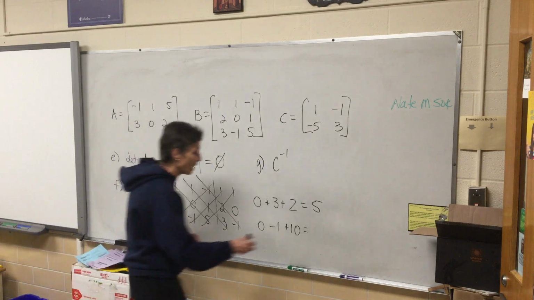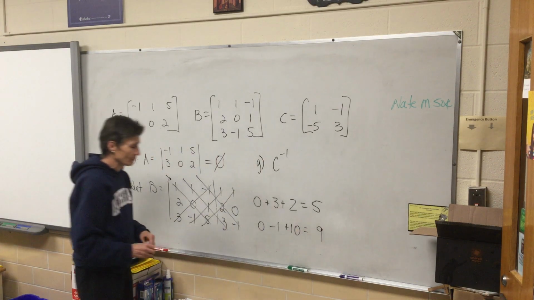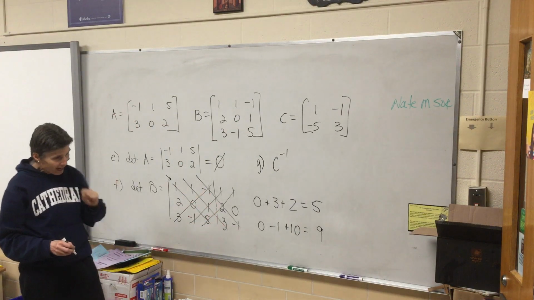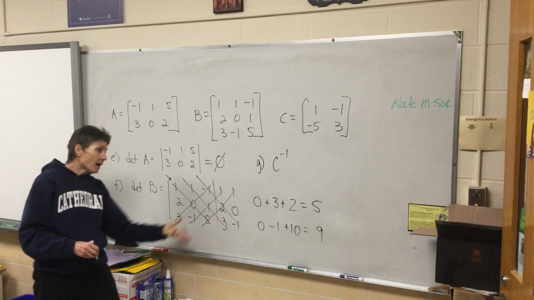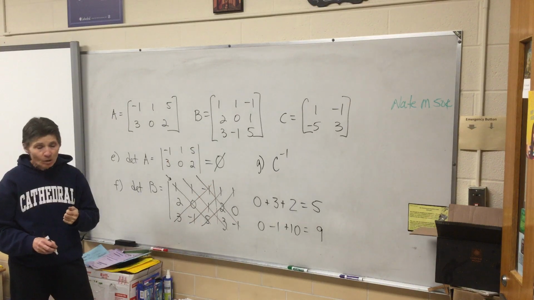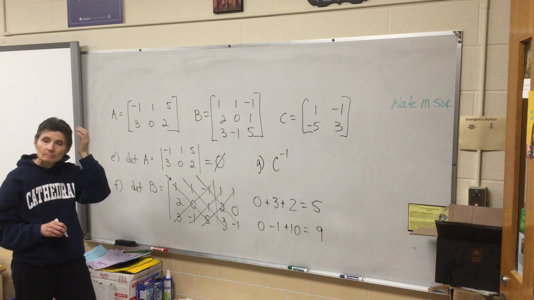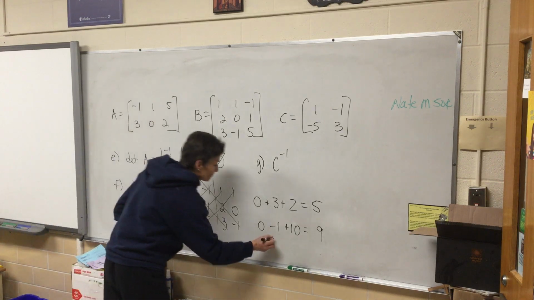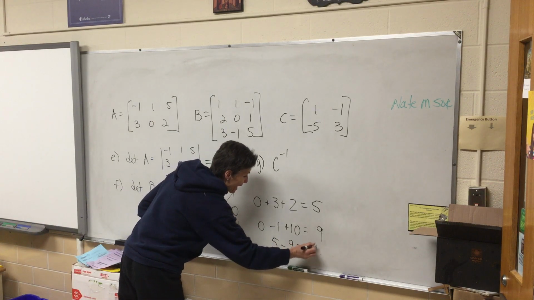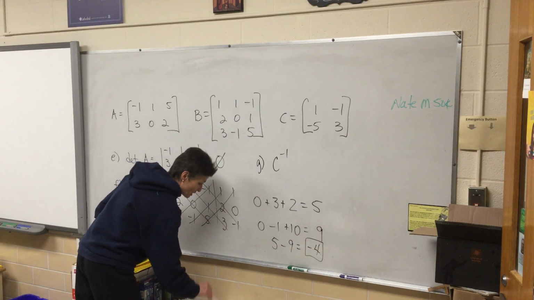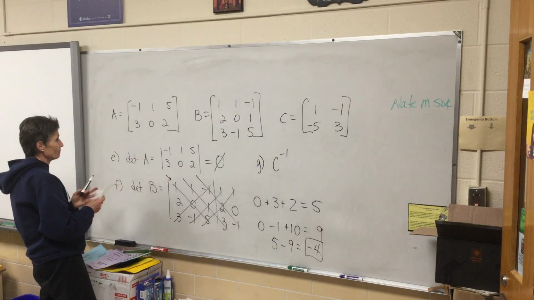That totals up to 9. So my downs were 5. My ups were 9. What do I do with those 2 numbers? You subtract 5 minus 9. So that gives me the final answer to the problem, which is -4.